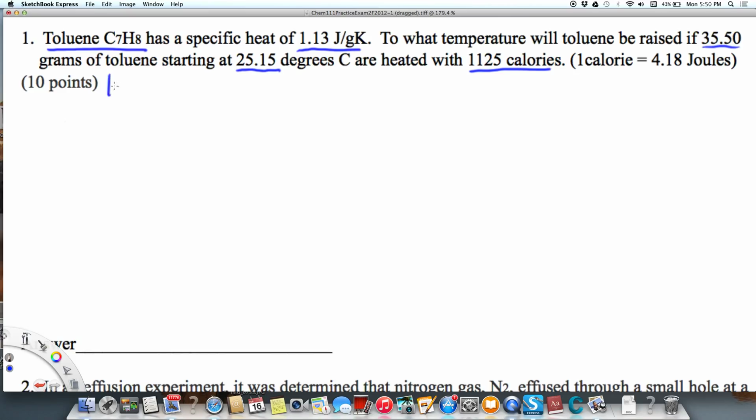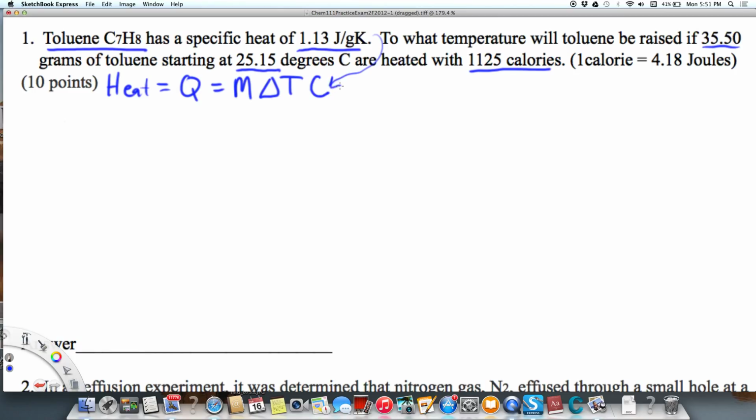Okay, so heat. We know that if we heat a substance, many times it will raise the temperature. So that's what we're doing. Heat is given the symbol Q, which is equal to the mass of the substance, obviously it takes more heat to heat more mass, times the temperature change, times what we call C, and that is C, the specific heat.